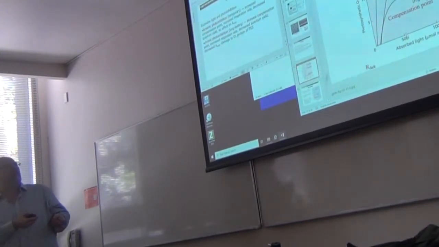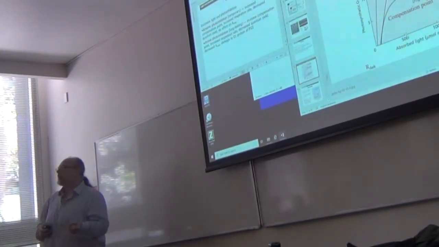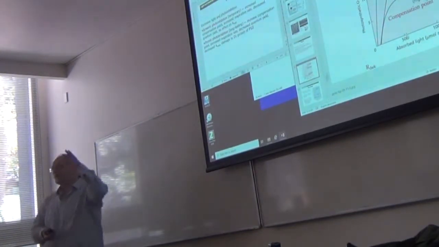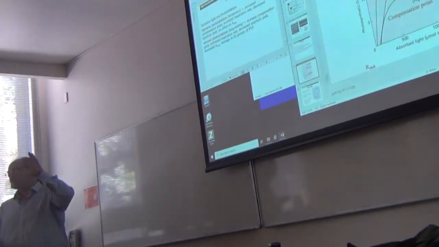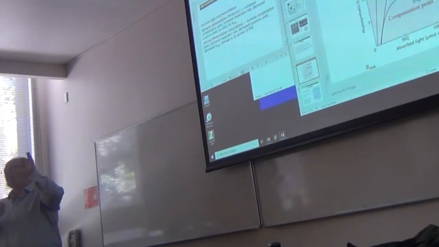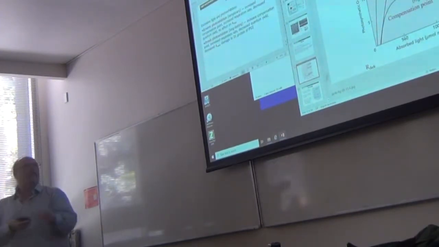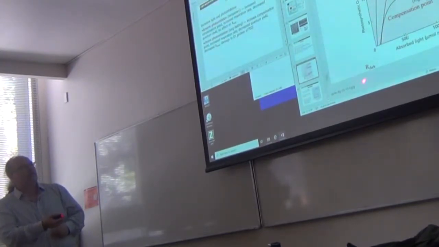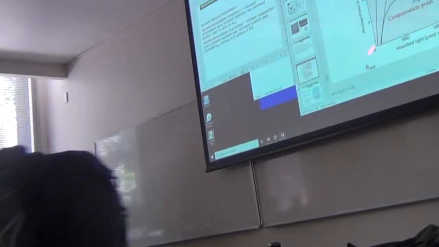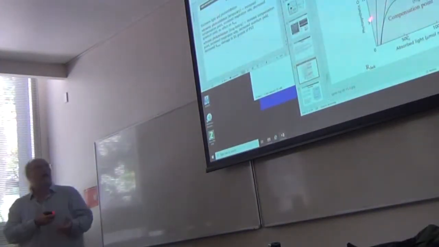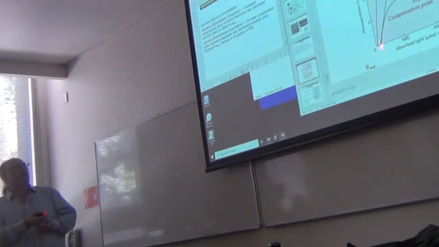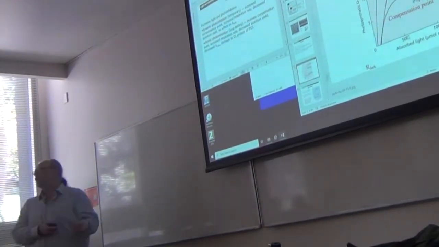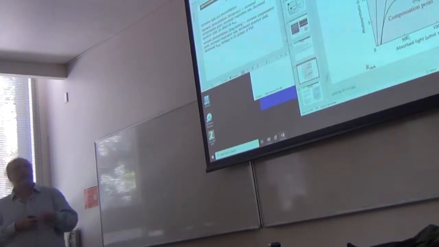But there is a shift in the compensation point, meaning that the relationship between photosynthesis and respiration shifts so that there is more respiration per unit photosynthesis, and also the respiration rate becomes higher or more negative. So the respiration rate becomes a bigger source of CO2 to the atmosphere, or from the leaf, or to the atmosphere.